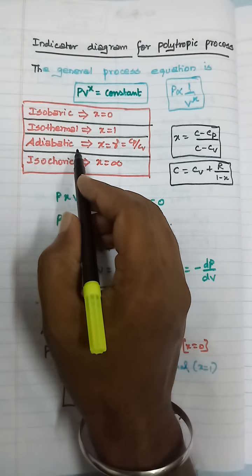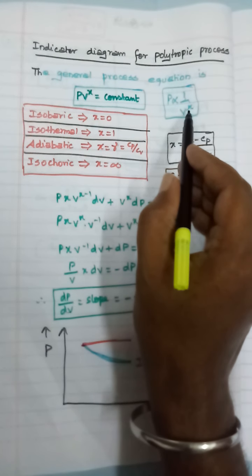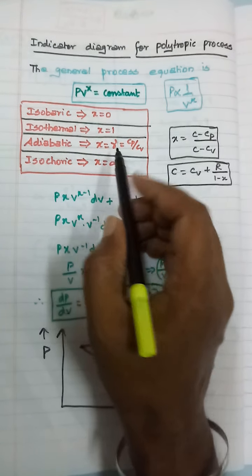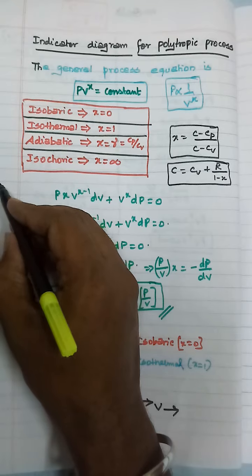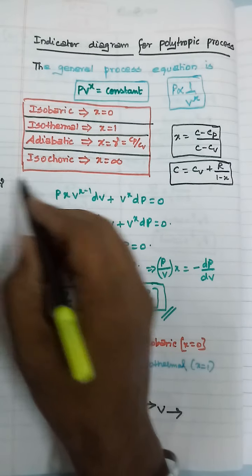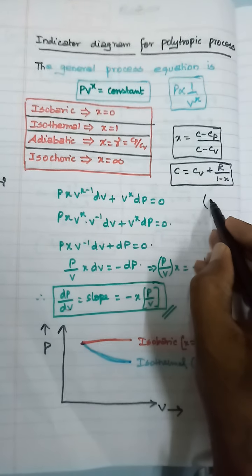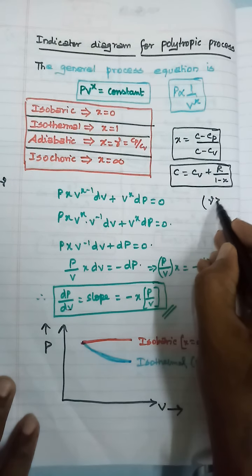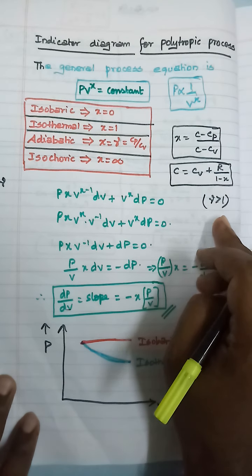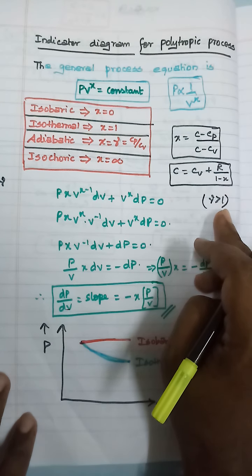Then for the adiabatic process, instead of x, we substitute gamma. Here gamma is greater than 1, but not greater than 2 or so.